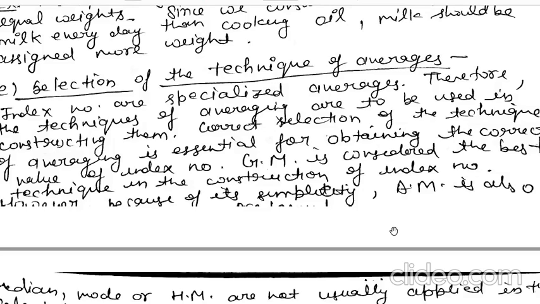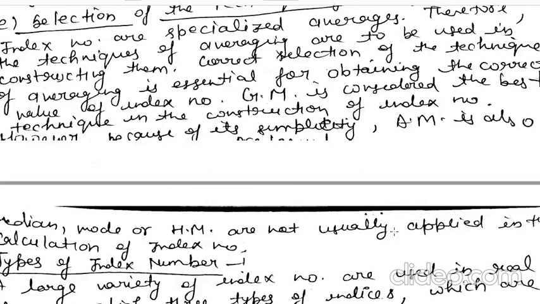However, because of its simplicity, arithmetic mean is also considered a good technique. Median, mode or harmonic mean are not usually applied in the calculation of index number. That means only geometric mean and arithmetic mean will be used to calculate your index number, right?